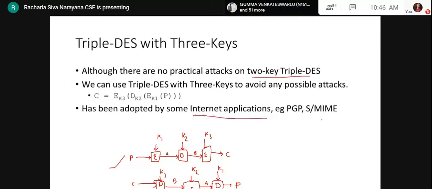Those applications are PGP and S/MIME. PGP means Pretty Good Privacy, and MIME means Multipurpose Internet Mail Extension. Those are the applications which use triple DES.